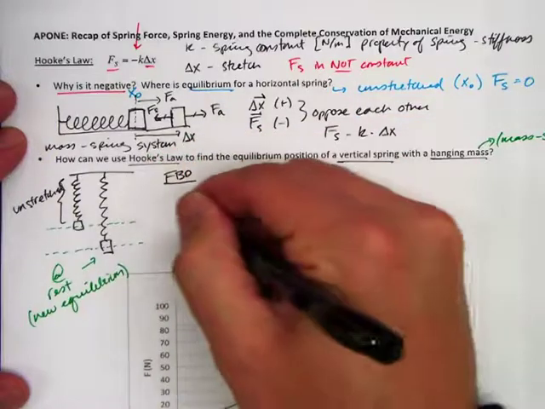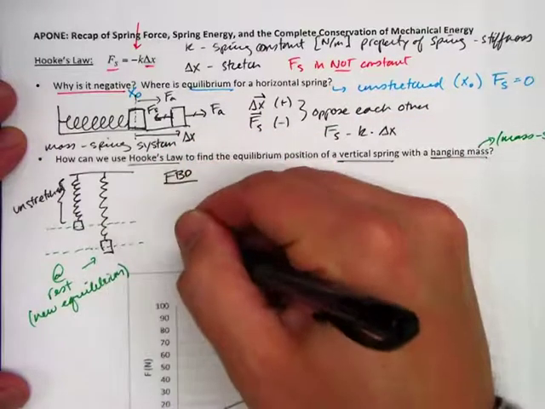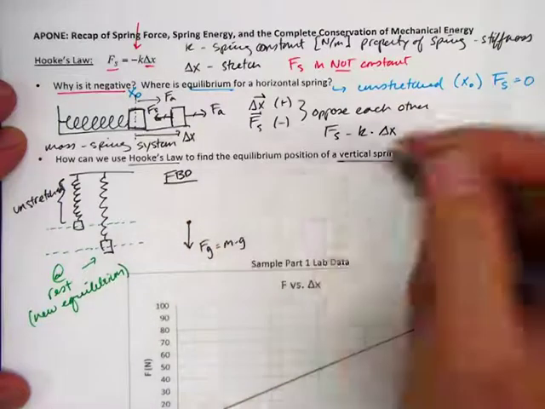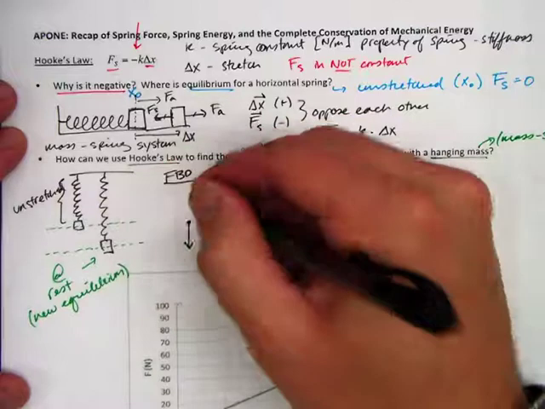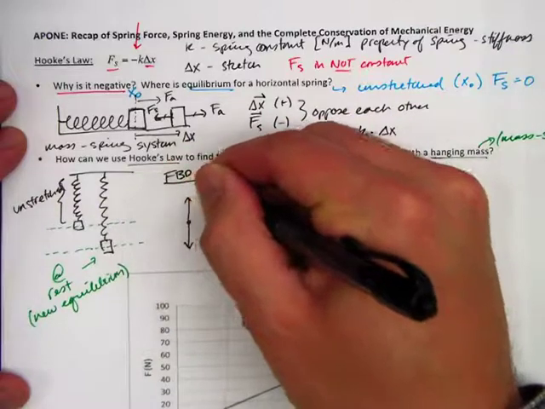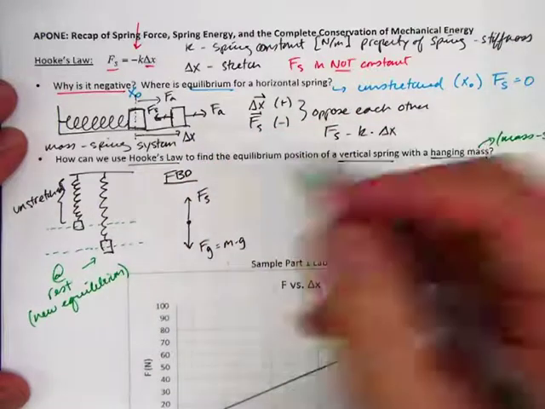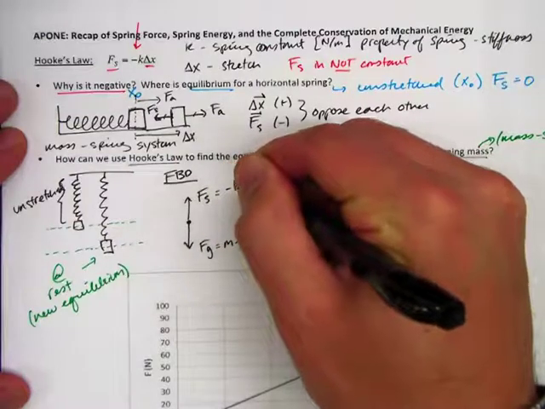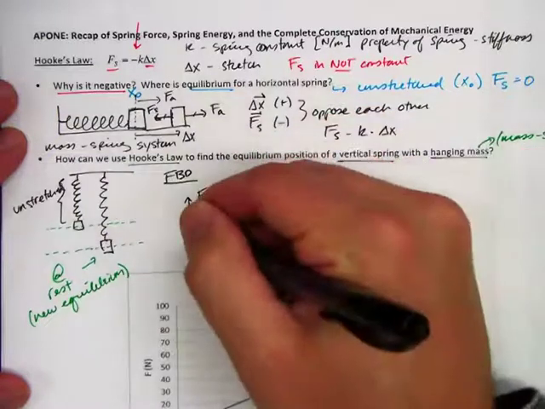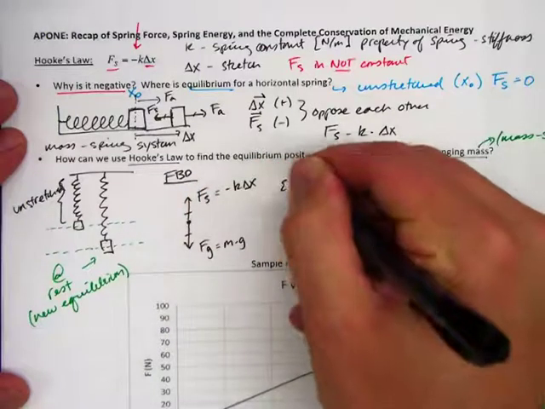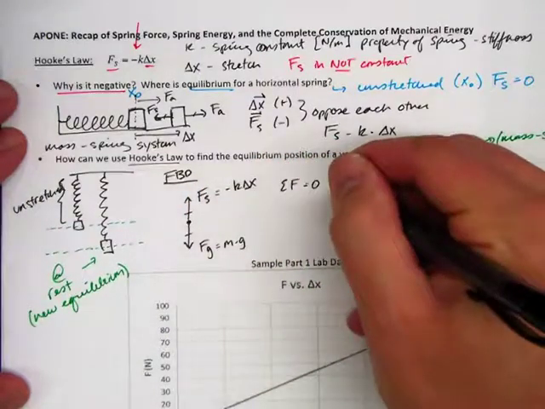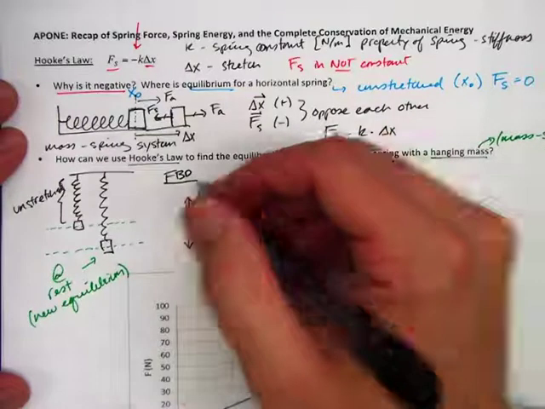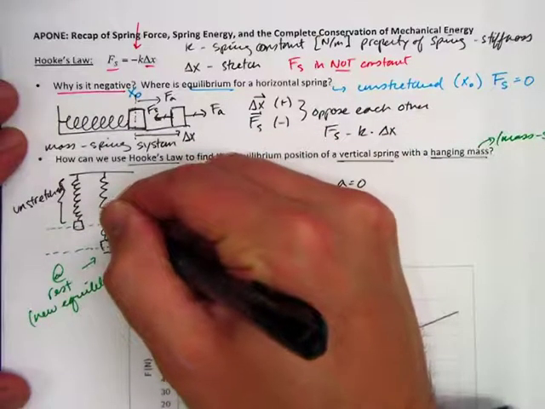We have the force of gravity on the hanging mass, which will be m times g. And then we have the spring force that's pulling back up on that object, and this is going to be negative k times delta x. And these must be in equilibrium, since I must have a net force of 0 if the acceleration of the mass is 0. Okay, so now my delta x is measured from here down to here.